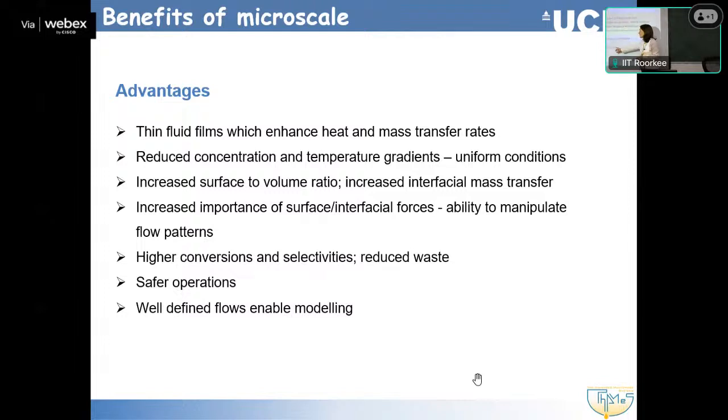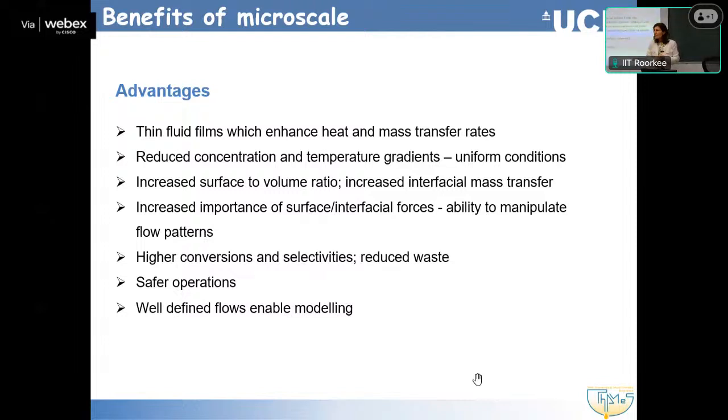One good thing as well is that we're talking about small systems with small characteristic dimensions, which means Reynolds numbers are not very high. Because of the large interfacial forces, the flows are also well defined, and that enables modeling. A couple of disadvantages.